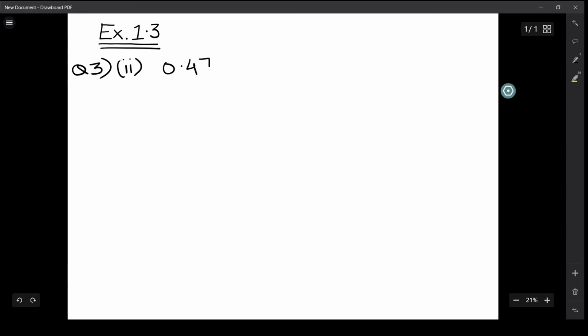it says 0.47 with the bar only on top of the 7. So here, in order to convert this to fraction form, we'll use the same technique.